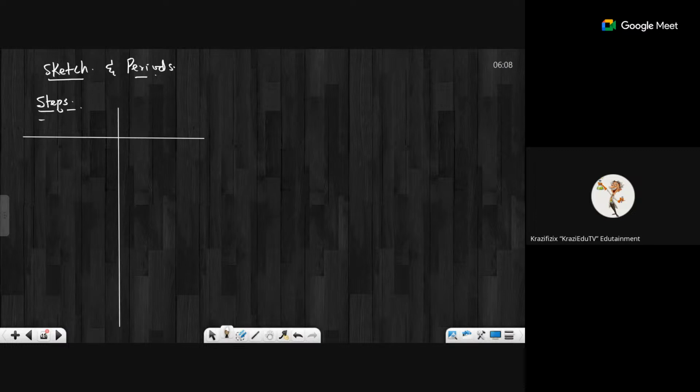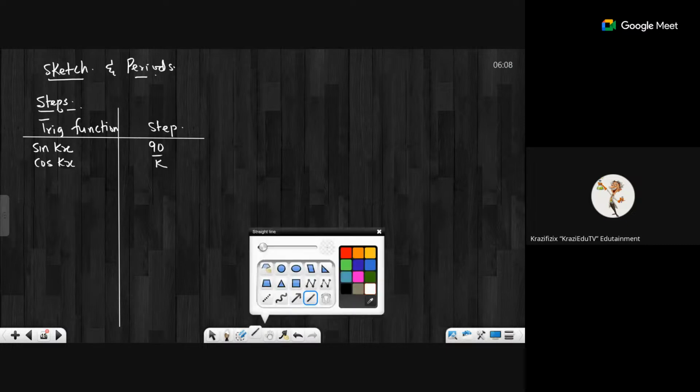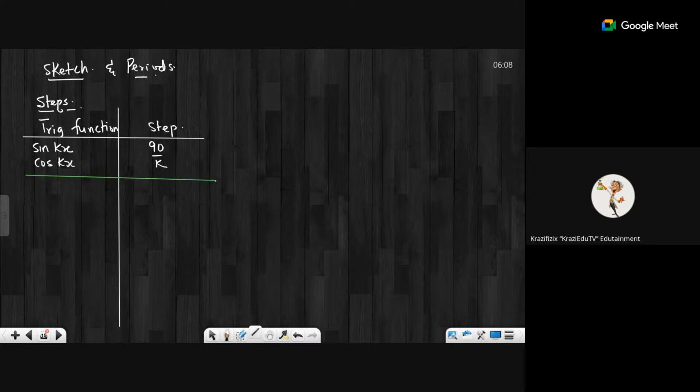I have a trig function, let me write my trig function. I get my step on the calculator. If my function looks like that, then my step will be 90 over k. Take note of that. If I am working with tan kx, then my step will be 90. Right.